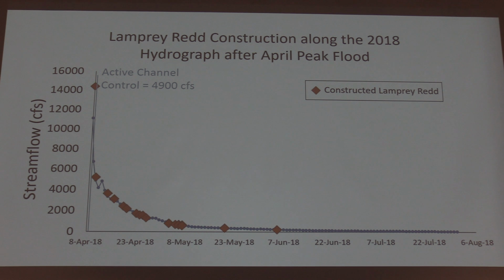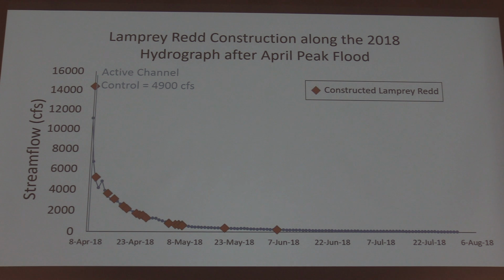And that's what this looks like. So then I have not only a flow rate associated with each redd location, but also a date. And so it's interesting to have that time range associated with when these redds are being constructed.